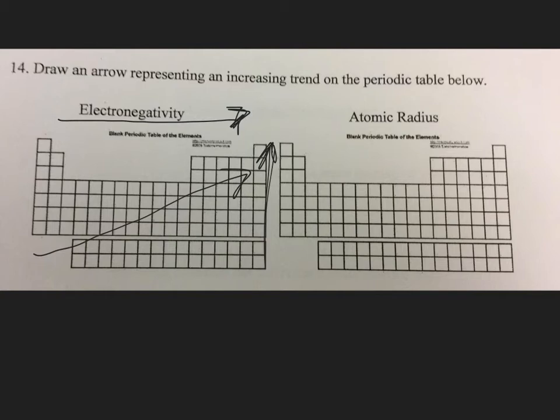Atomic radius has the exact opposite trend. It gets smaller in that direction, so if you want to show where it's getting bigger, it gets bigger from right to left and from top to bottom, so the trend is this way. Electronegativity and atomic radius have the exact opposite trends.